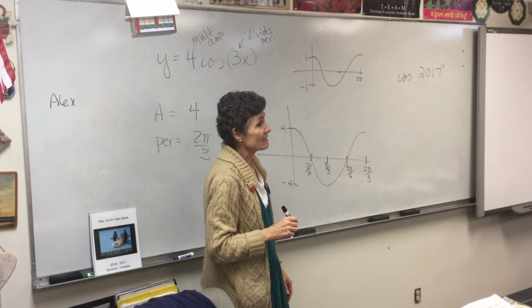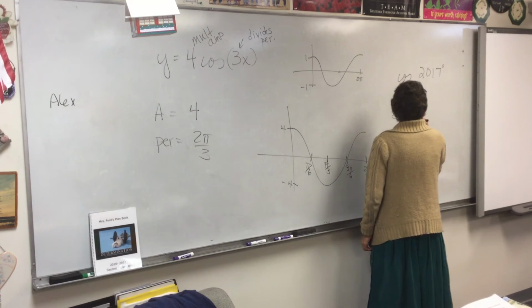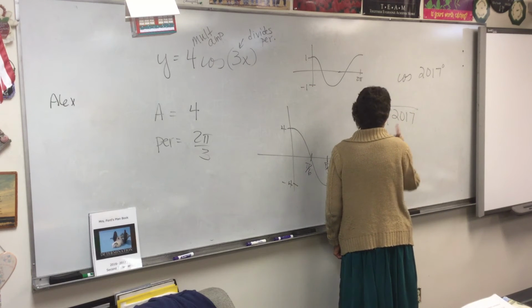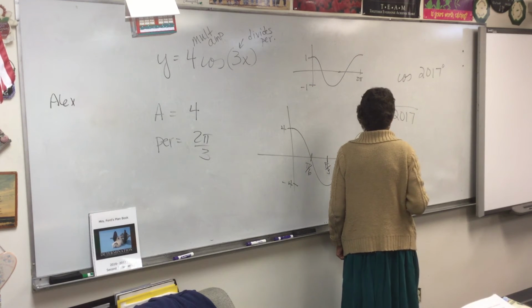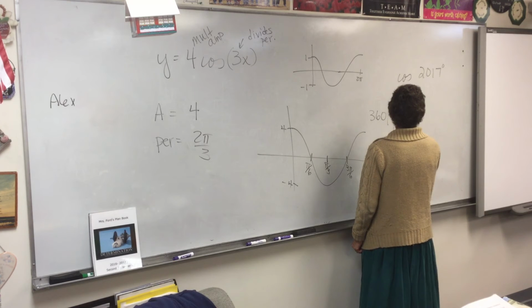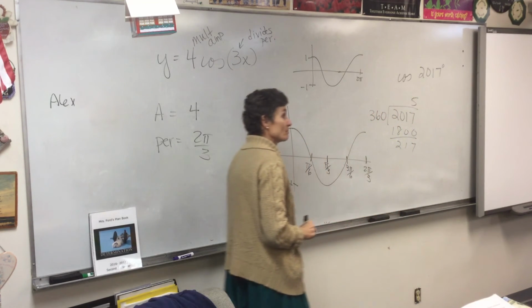Well, 2017 is big. It's a lot of spins. So I'm going to go ahead and divide out all of the extras. So 2017 divided by 360, let's see, 5, 6, 5. Must be 5 times it goes in there. And leaves me with 217 degrees if my arithmetic's right.